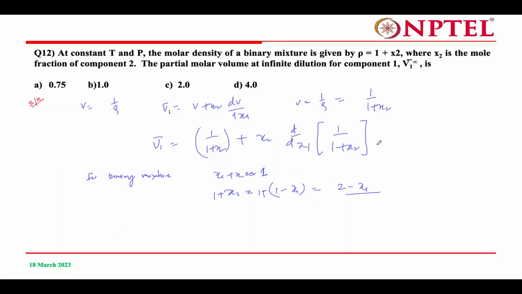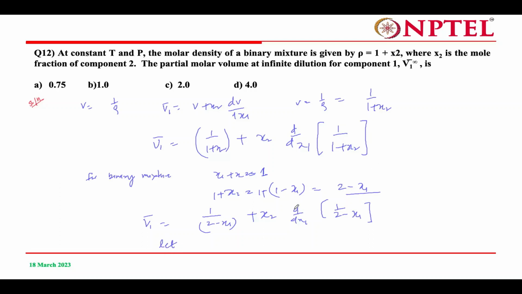So put this here: V1 bar equals 1 by 2 minus X1 plus X2 d by dX1 of 1 by 2 minus X1, right.